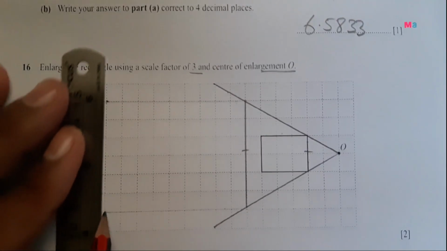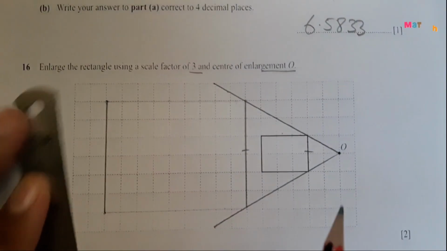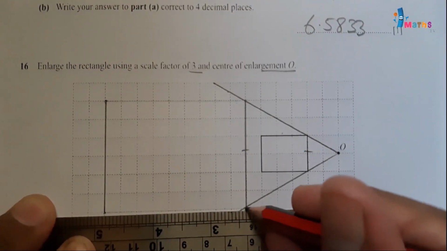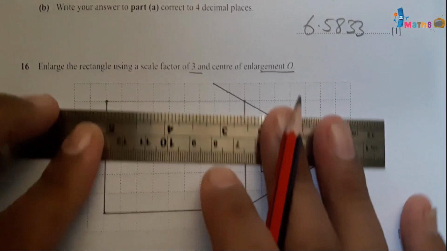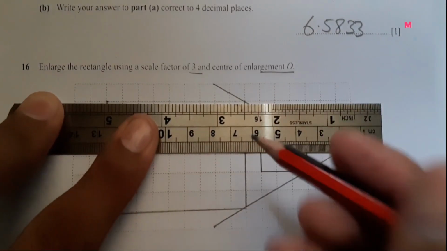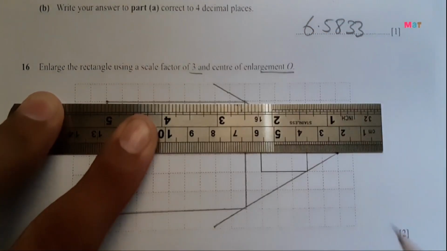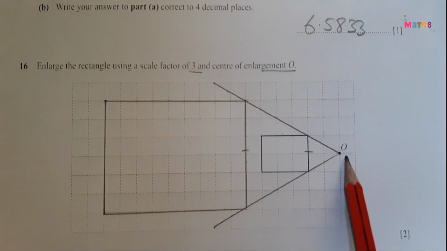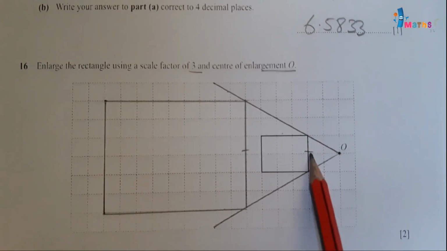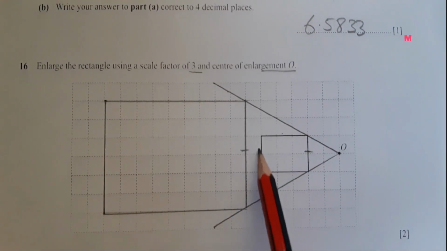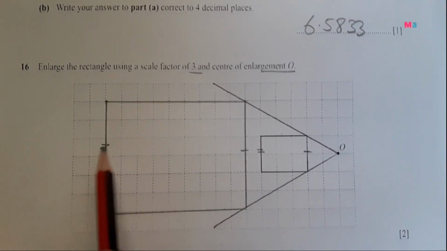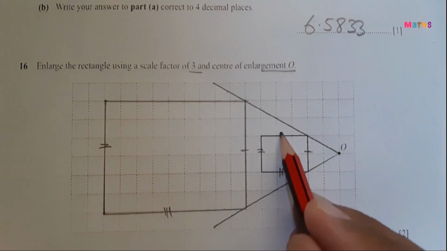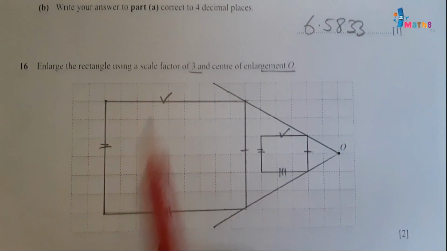We'll mark here and draw a line over here, and the baseline also we will draw for the enlarged rectangle, and we will get the new enlarged rectangle after scale factor 3 and center of enlargement as O. This side is shifted to this one, this side is shifted to this one, this side is shifted to this one, and this one is shifted to here.